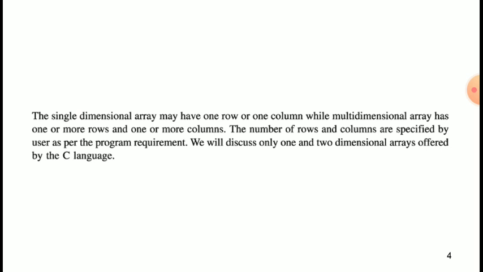The single dimension array may have one row or one column, while multi-dimensional array has one or more rows and one or more columns. The number of rows and columns are specified by the user as per the program requirement. We will discuss only one and two dimension arrays offered by the C language.